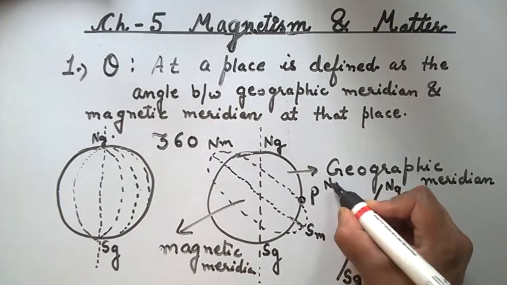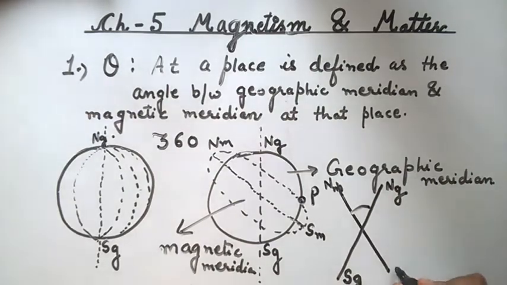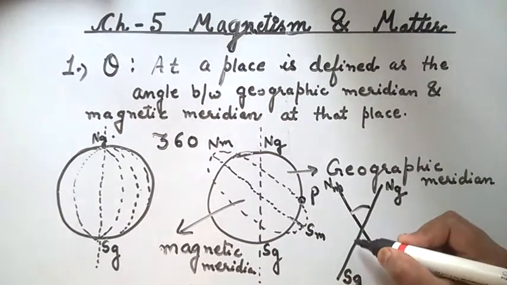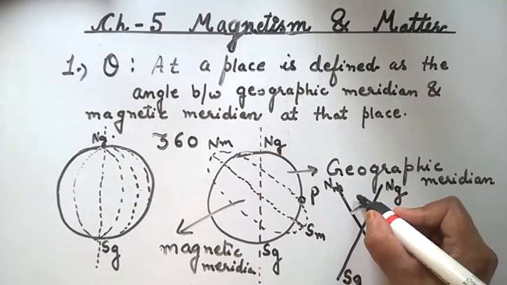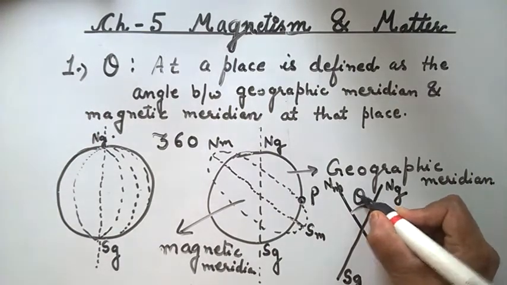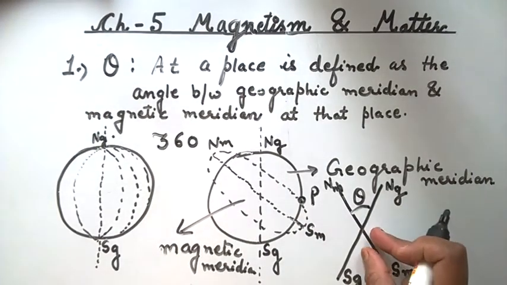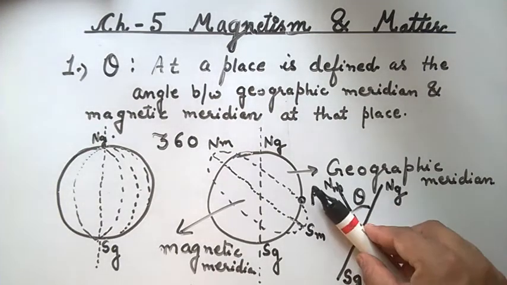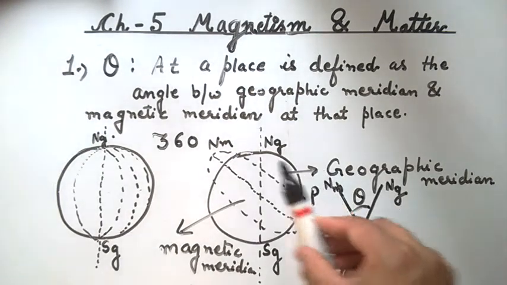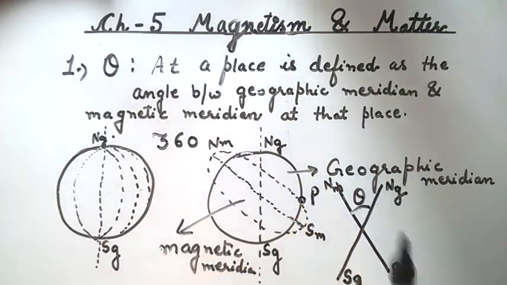Magnetic north and magnetic south, and this small angle between these two straight lines is known as magnetic declination, and it varies from place to place as the value of magnetic field changes.